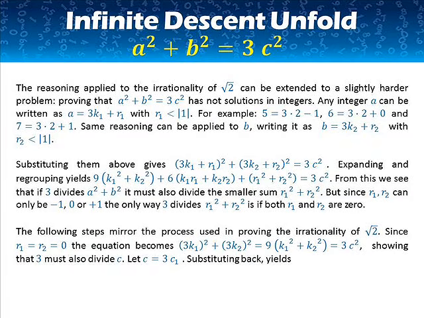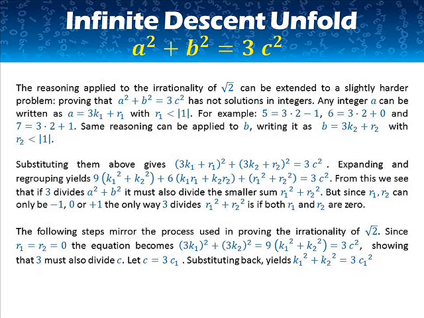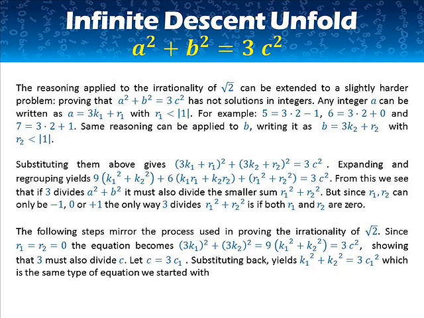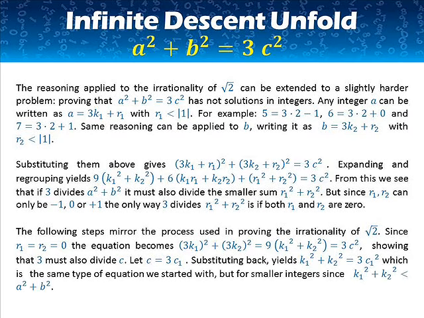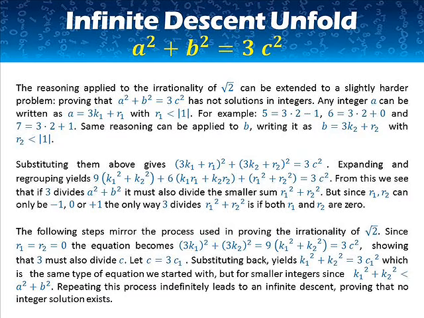Substituting back and dividing yields k sub 1 squared plus k sub 2 squared equals 3 times c sub 1 squared, which is the same type of equation we started with, but for smaller integers, since k sub 1 squared plus k sub 2 squared is smaller than a squared plus b squared. Repeating this process indefinitely leads to an infinite descent, proving that no integer solution exists.